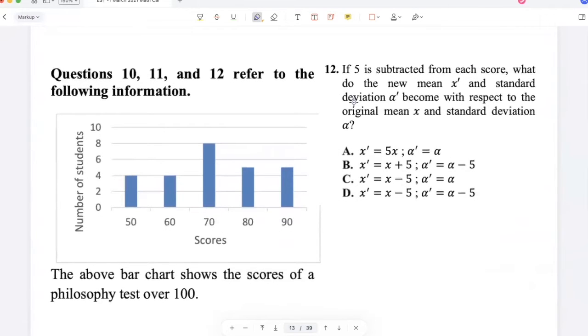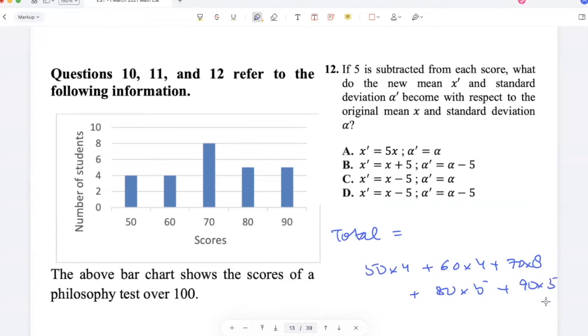If 5 is subtracted from each score, what do the new mean and standard deviation become with respect to the original mean and standard deviation? Okay, so I'm subtracting 5 from each score. So my total initially was, let's say, 50 into 4 plus 60 into 4 plus 70 into 8 plus 80 into 5 plus 90 into 5, right?